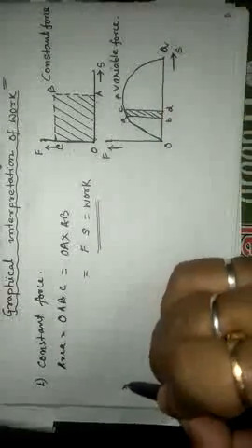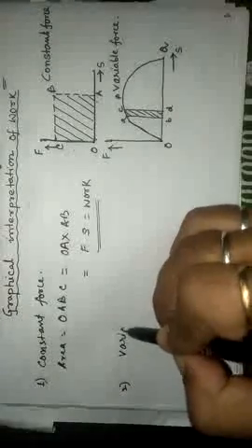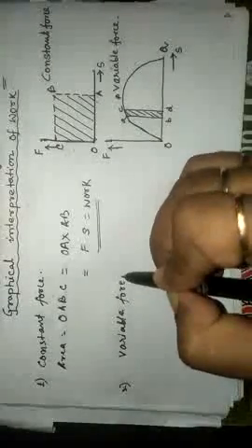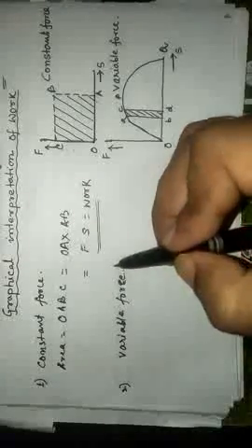Now let us find out work done for a variable force. Let us see how to find it. The force displacement graph for a variable force is shown in the figure. The force is changing in magnitude and direction with respect to the displacement.